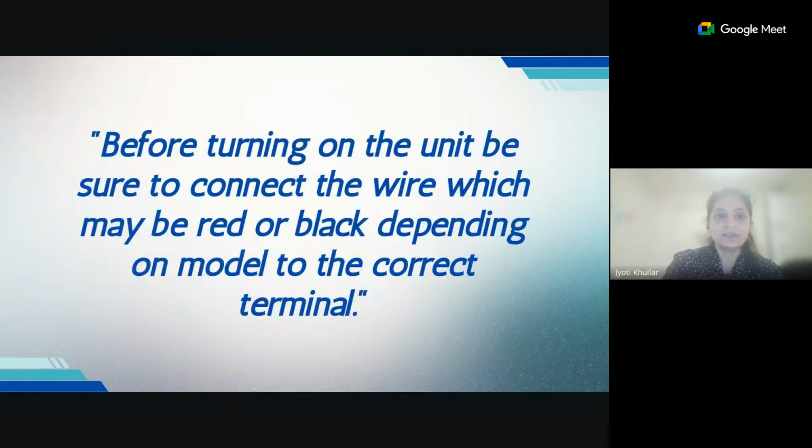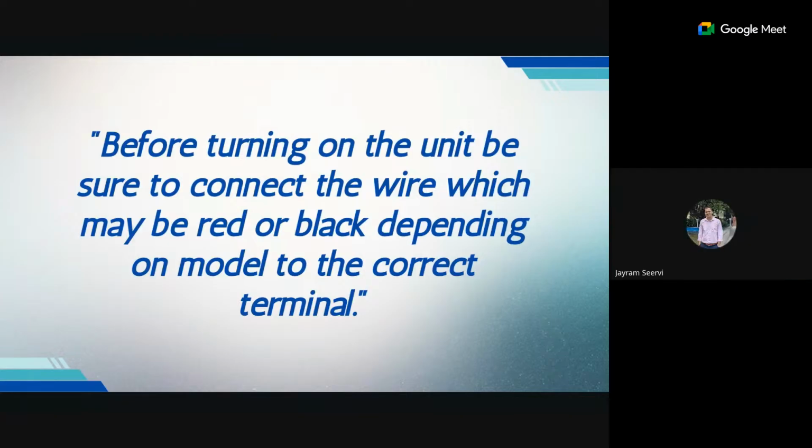Okay, and: "Before turning on the unit, be sure to connect the wire, which may be red or black depending on model, to the correct terminal." How is this? This will surely confuse people, because any warning should be given before the statement. If not, the person may not follow what exactly to do, and may perform the action in that case.